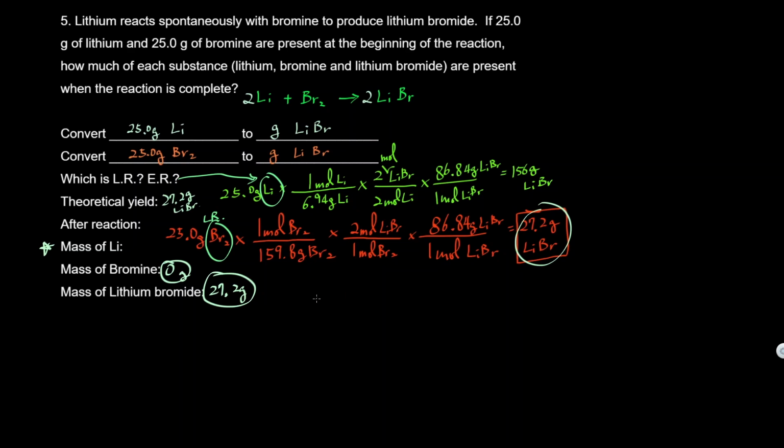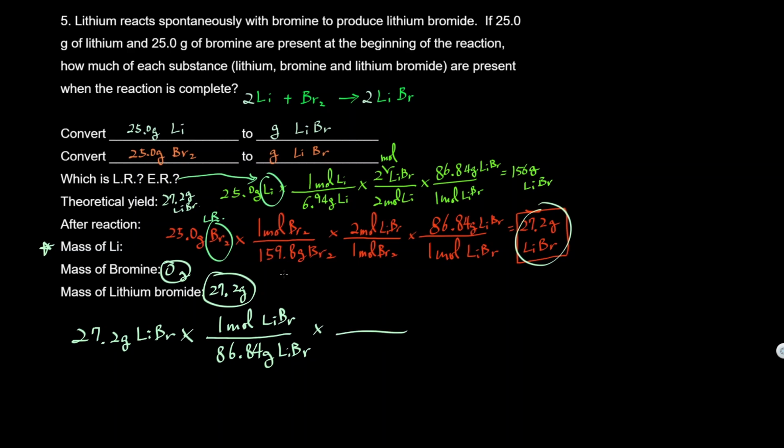How much? Let's figure out how much of the lithium has reacted first. So it's 27.2 grams of lithium bromide we have to start with, because we know we're going to make that much of the product. Then we do 86.84 molar mass grams of lithium bromide is 1 mole of lithium bromide.